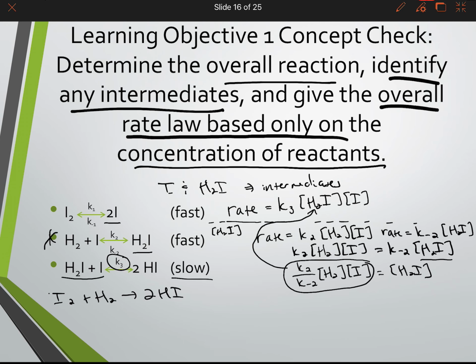So we get k3 times k2 over k minus 2 [H2][I] times [I].